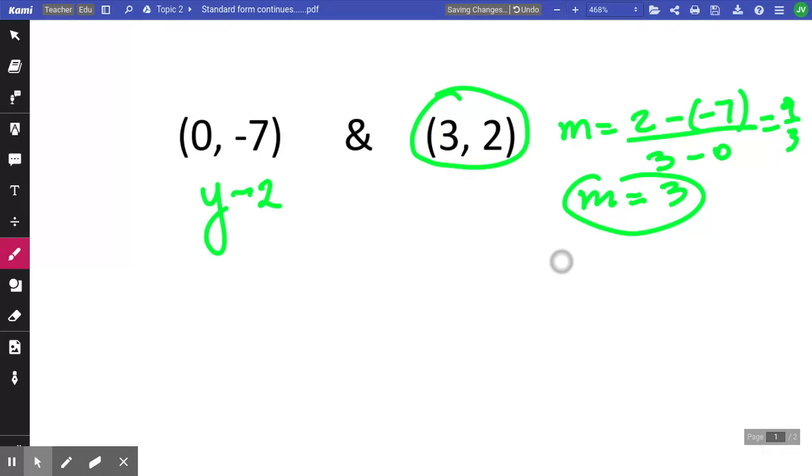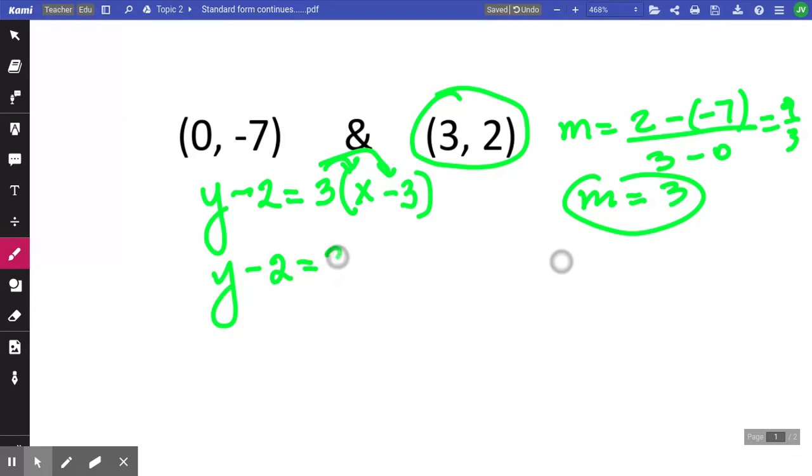Minus 2, the y of that point is 2, equals 3 times x minus 3. The x of that point is 3. Now I don't have to worry about any fractions here, so I simply use the distributive property here, and we have y minus 2 equals 3x minus 9.